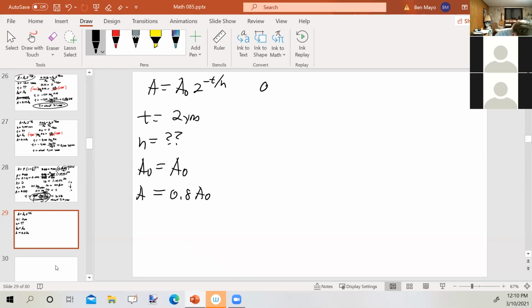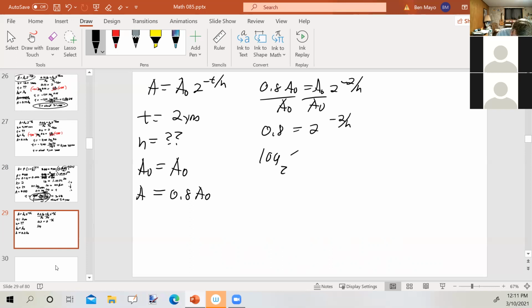So that gives us 0.8 a sub 0 equals a sub 0 2 to the negative 2 over h power. Divide both sides by a sub 0, 0.8 equals 2 to the negative 2 over h power. This becomes log base 2 of 0.8 equals negative 2 over h.